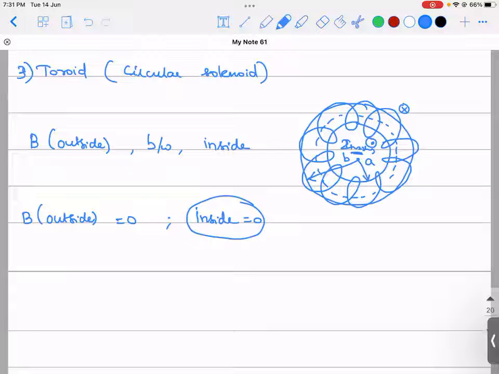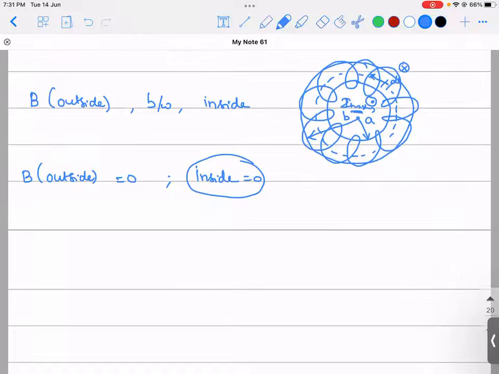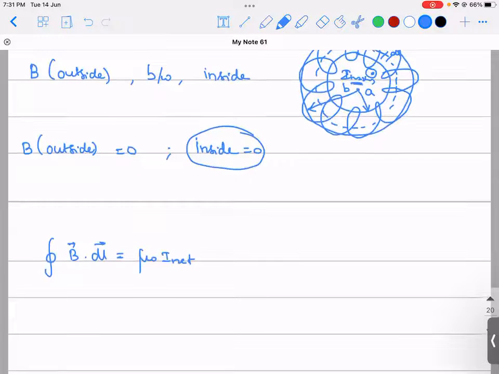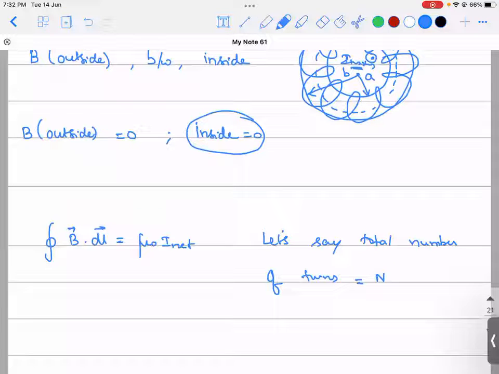Now you'll take a dl here. So dl will be in this direction. So line integral of B vector dot dl vector is equal to mu naught into I net. So let's say the total number of turns is equal to N. Well, then N, can I write it as small n into 2 pi r?